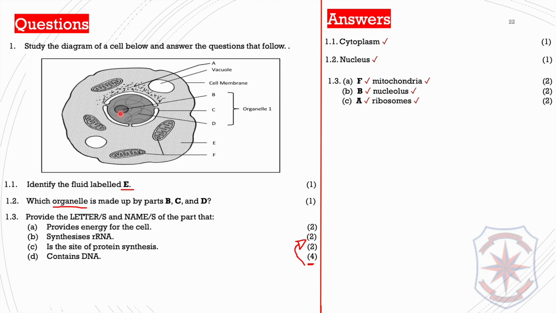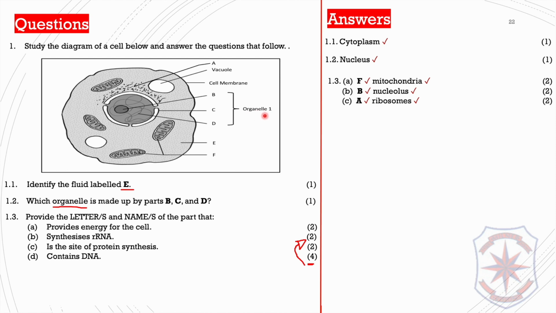So, DNA is contained where? DNA is contained firstly in the nucleus. That's where we know most of the cell's DNA is contained. All right? I know it is not a letter, it's a phrase.